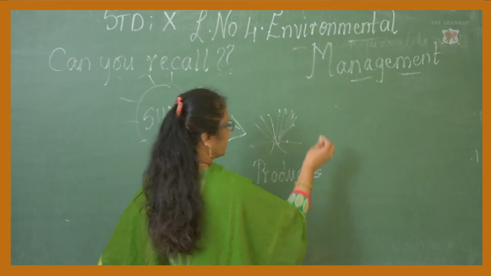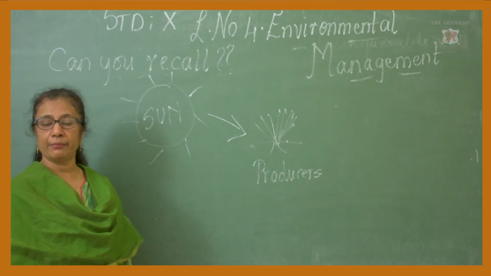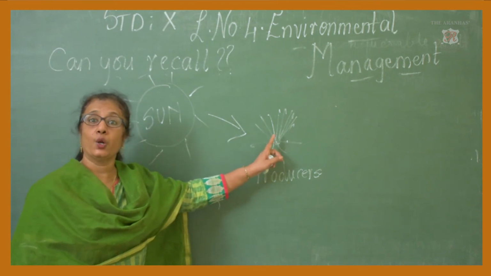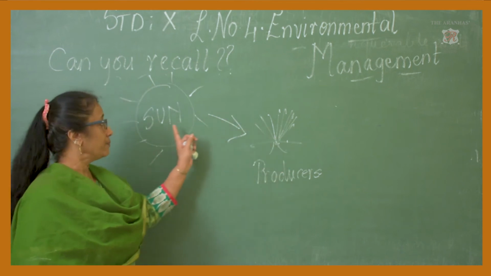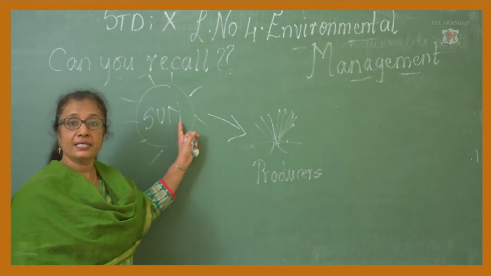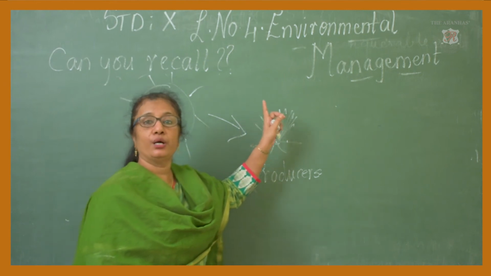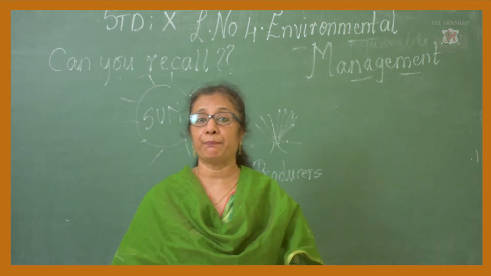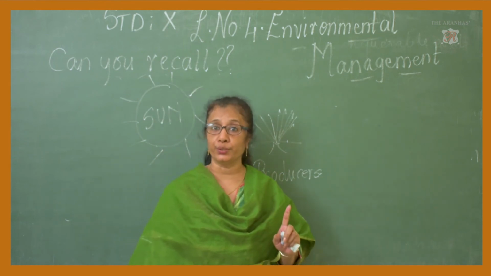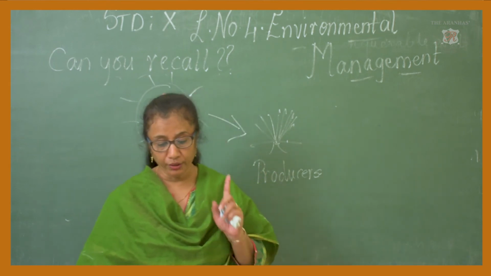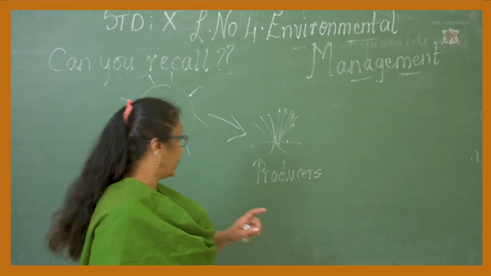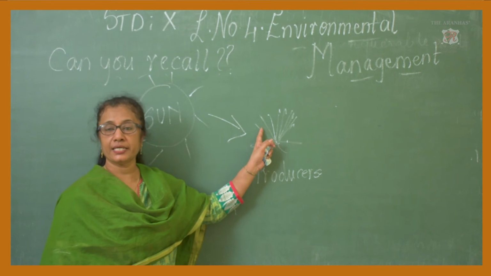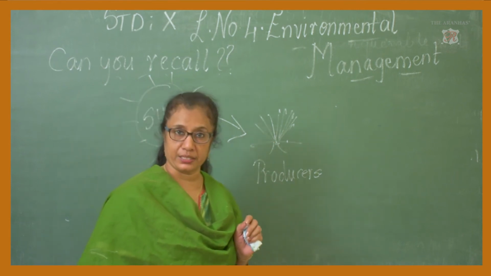How does the producer make its food? The producer, that is all green plants, all autotrophic plants, absorb the sunlight and with the help of chlorophyll or chloroplast, they prepare their own food. Hence, what do we call them? We call the grass or plants which exist in nature the producers.